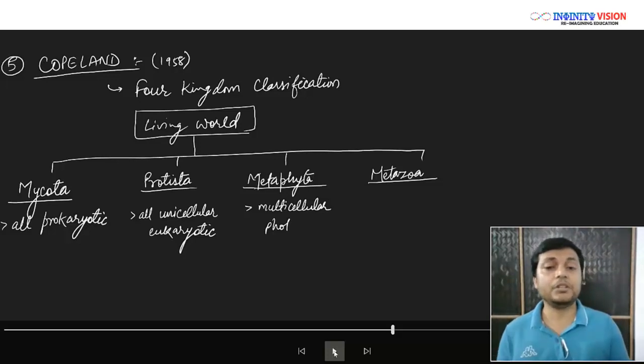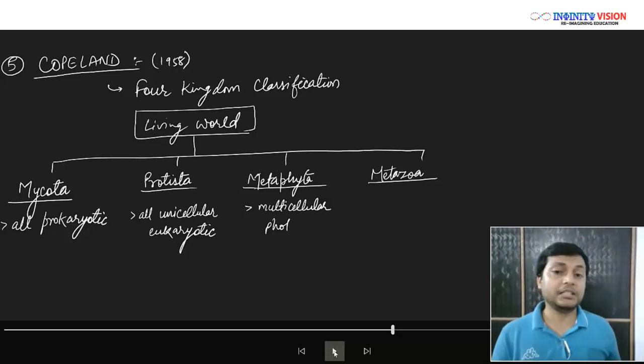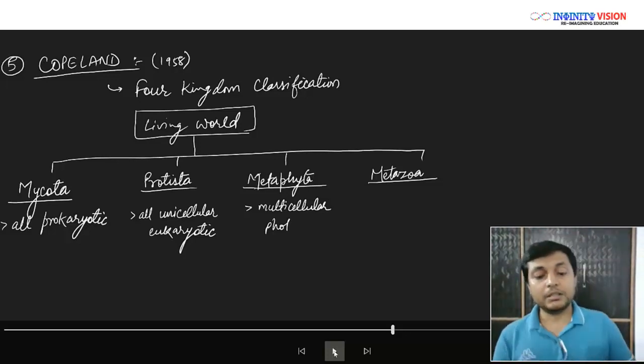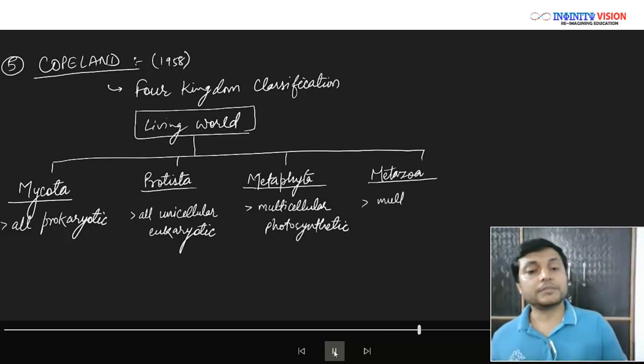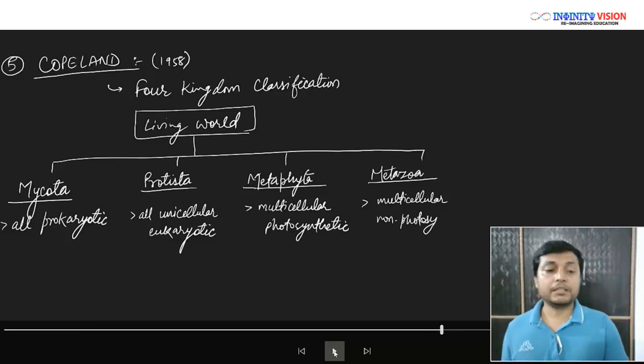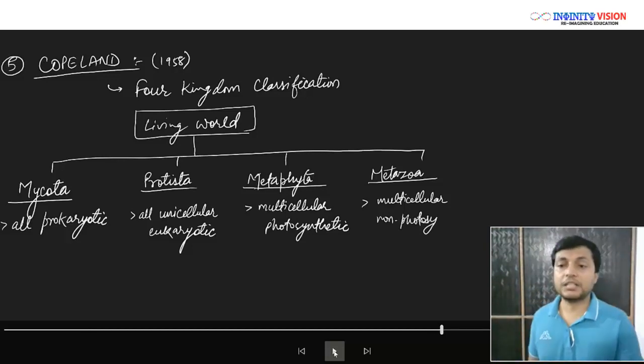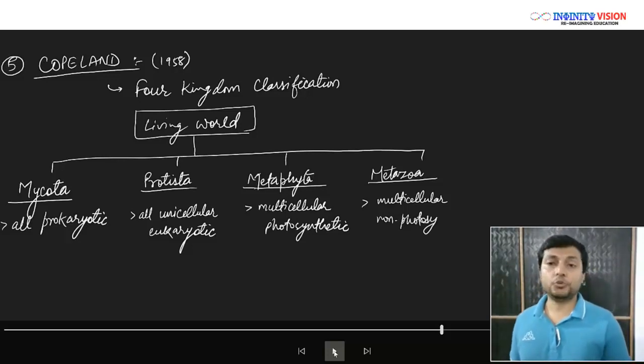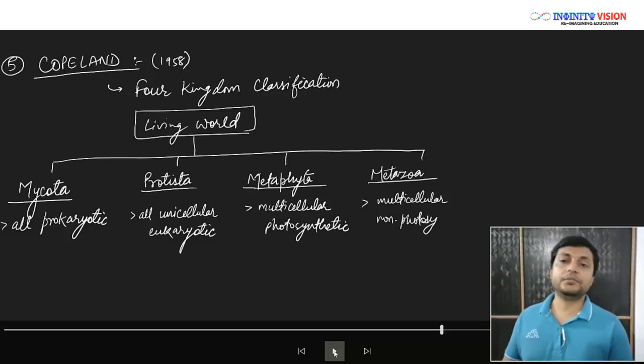Plantae has been renamed here as Metaphyta: meta because it contains all multicellular organisms, and phyta for plants. Similarly, Metazoa is for Animalia. So as per Copeland's four kingdom classification, the four kingdoms are Mycota, Protista, Metaphyta and Metazoa. It is not very important, so just have a glimpse. You don't have to really mug it up.